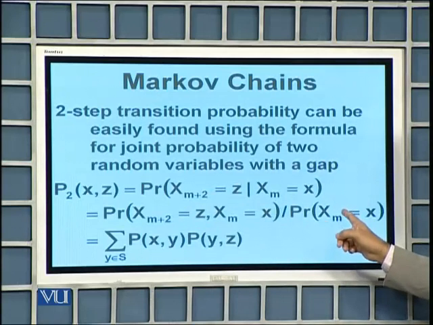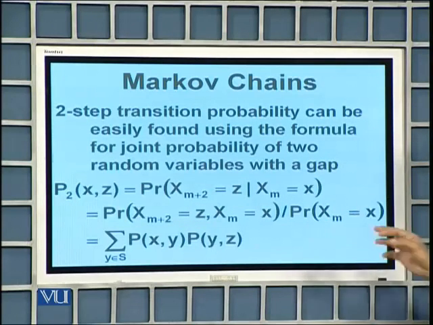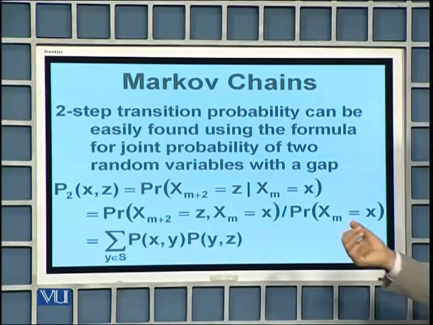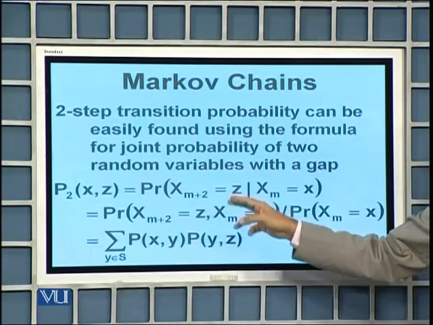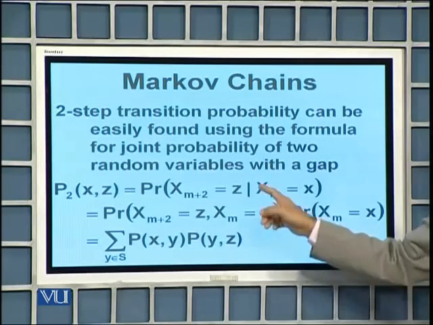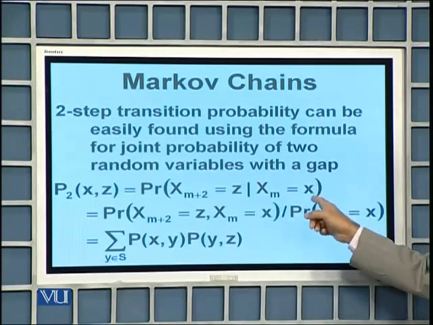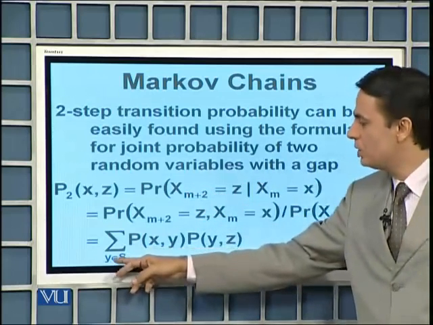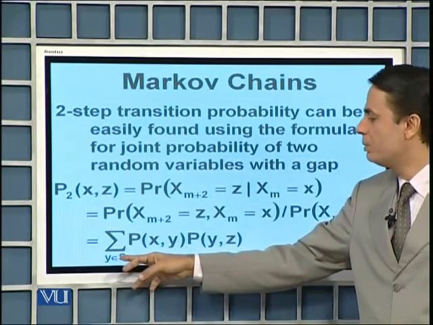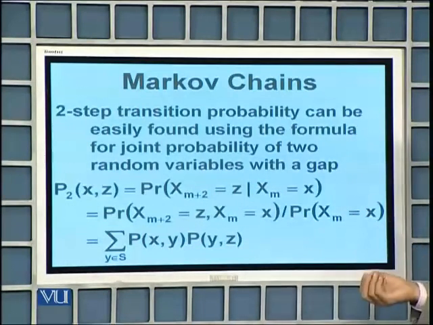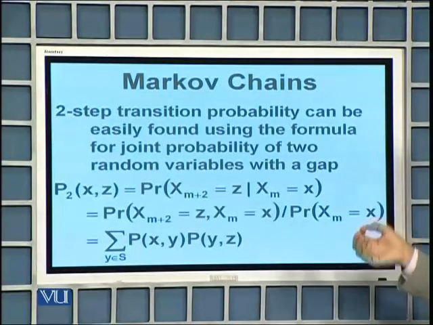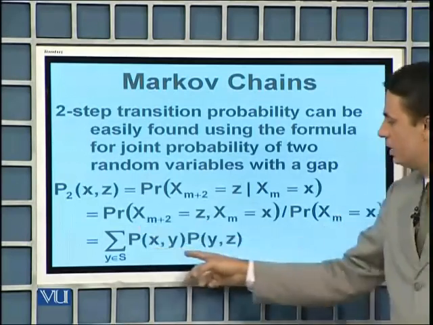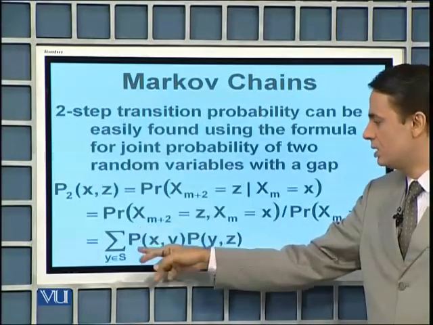So that cancels out and we are left with just this summation. This summation says that the two-step conditional probability of X_m being x and then X_{m+2} being z is a summation over y, where y represents all possible values of the state space that the intermediate point can assume, of the multiplication of transition probabilities.